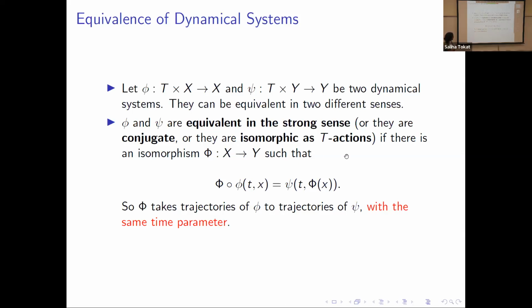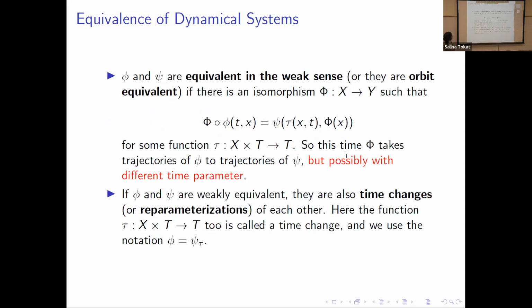In the weak sense, the time could not be preserved; we have another time parameter. So in this case, big Phi takes phi and gives another trajectory, psi.